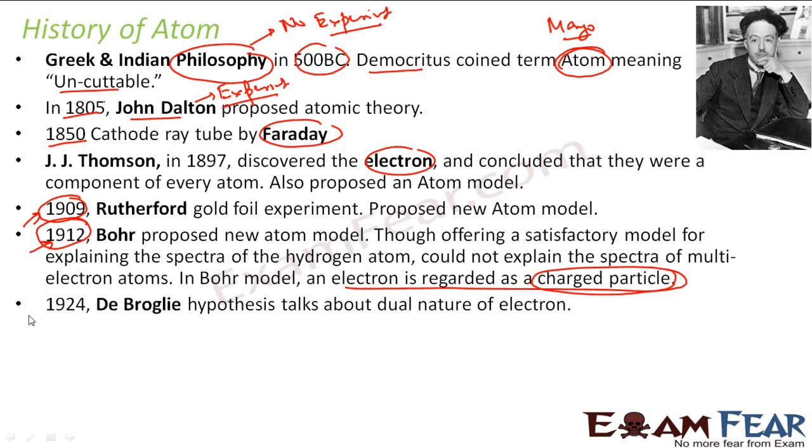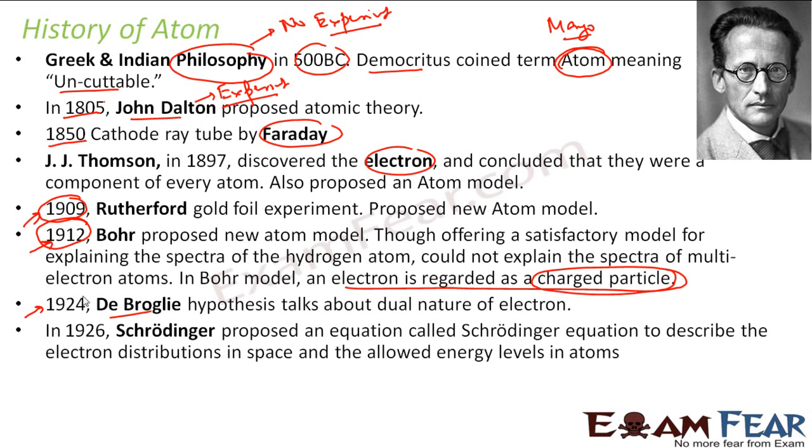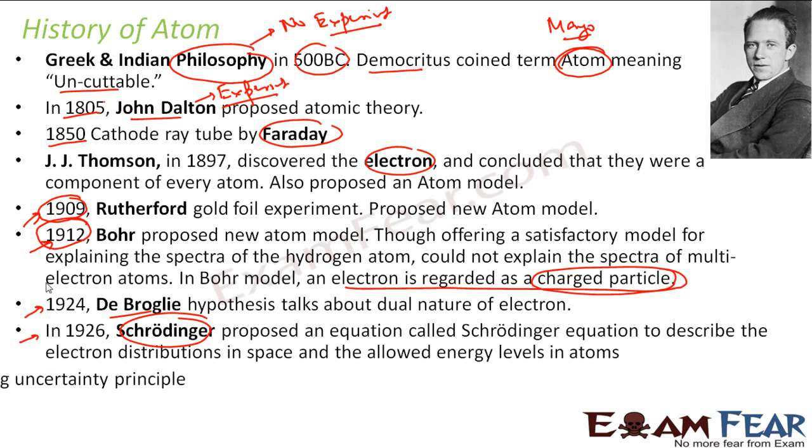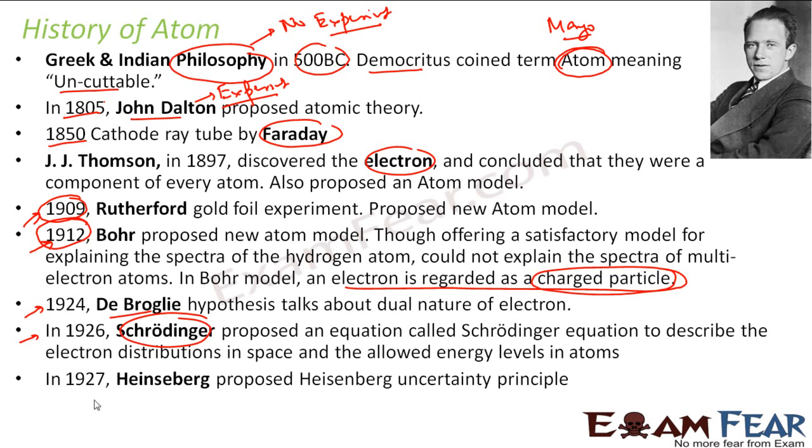And then in 1924, de Broglie gave a hypothesis on the dual nature of the electron. And in 1926, very near, Schrödinger proposed an equation that can tell the path of the electron, where the electron moves. And with that, they came up with the quantum model. Right? In 1927, again, Heisenberg proposed the uncertainty principle.